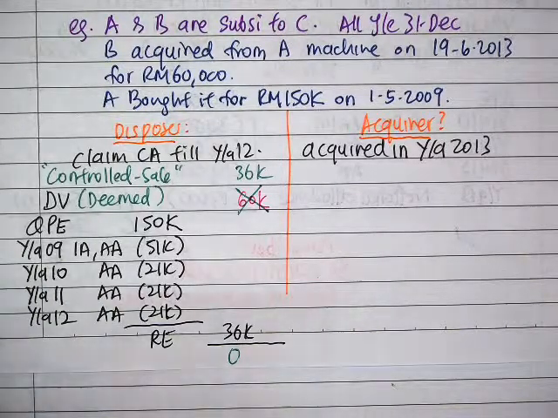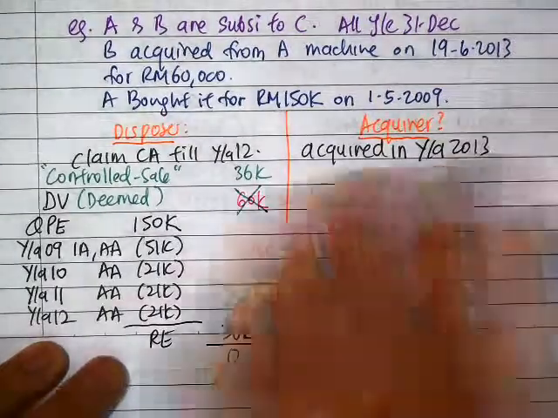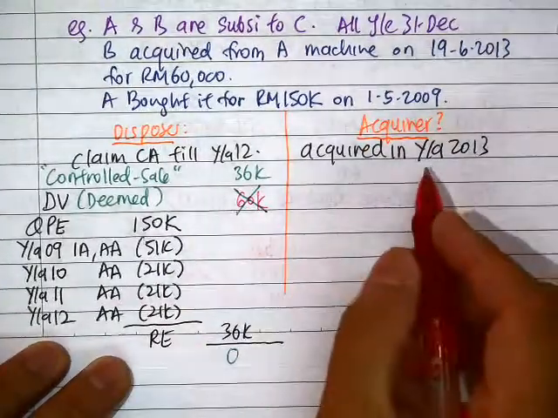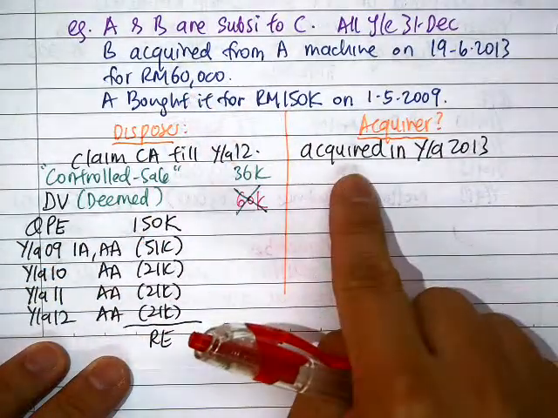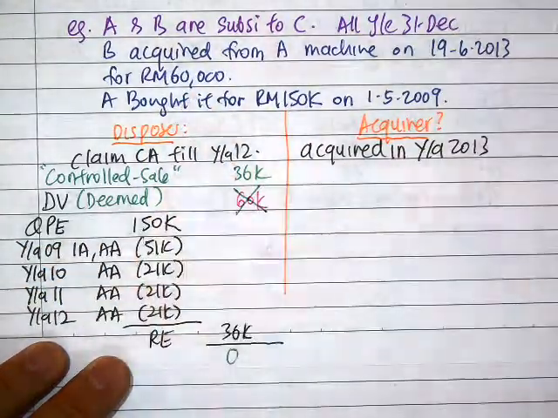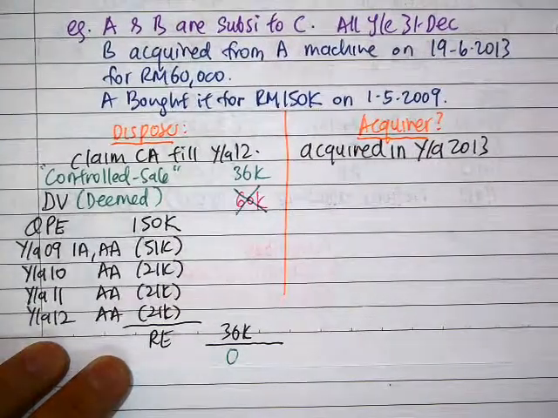Now, if this is not control sale, what will the acquirer do? If it's not control sale, the acquirer will claim based on what they pay. So they take 60,000 and then claim IA and AA until it finishes. This is what happens if it's not a control sale.